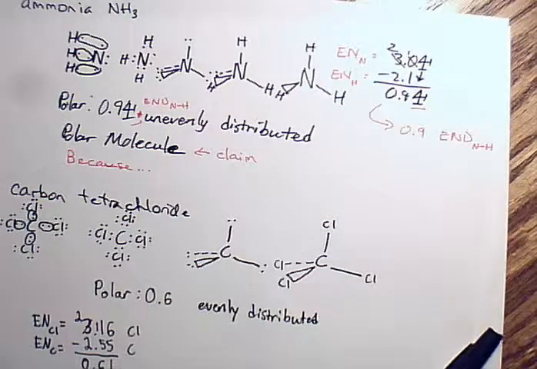It's polar, but it's not a polar molecule. It's got polar bonds, but not a polar molecule. So what your claim should be is that this is not a polar molecule, because while we do have polar bonds, we don't also have an uneven distribution of those polar bonds. That make sense? Because you got to have both. If you don't have both, you don't have what you need.